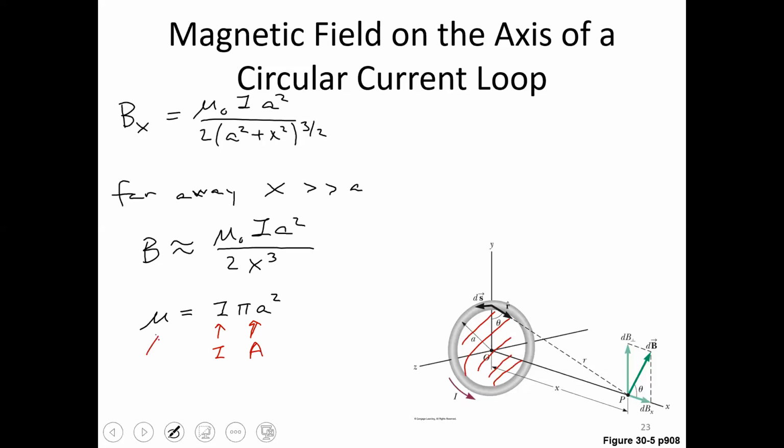And mu is our dipole moment of the loop. So this magnetic field, when we get really far away, is approximately mu 0 times mu, which remember is our dipole moment and our permeability of free space, over 2x to the third. So it drops off by x to the third when we're looking at a current loop.